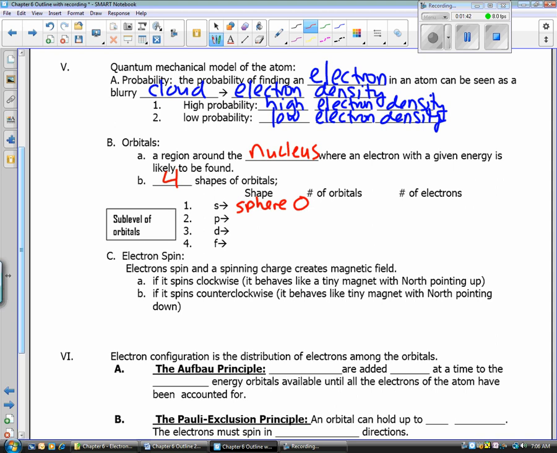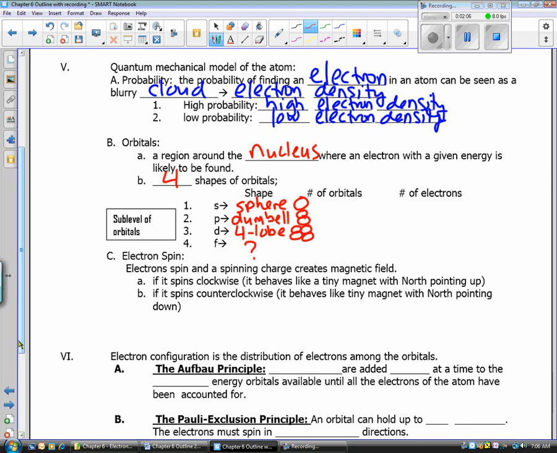We have the P shape, which is more like a dumbbell. Let's draw a figure 8 because I'm that artistic. The D shape, which is 4-lobe, looks like a clover, really. And the F shape, which we can't really draw, and you'll see why when we go look at it on the internet and see what they really look like three-dimensionally.